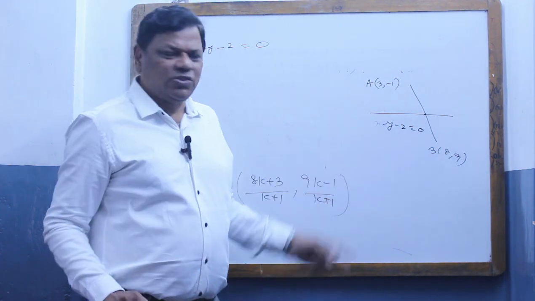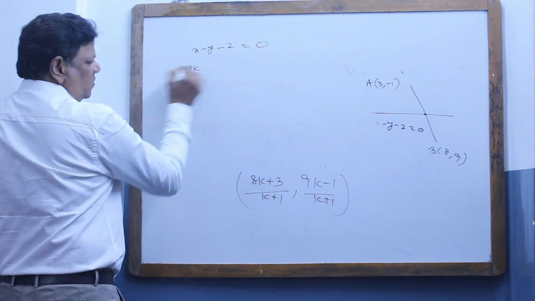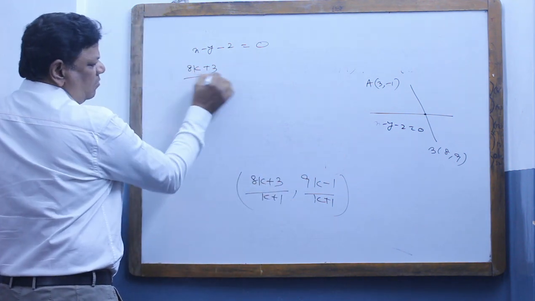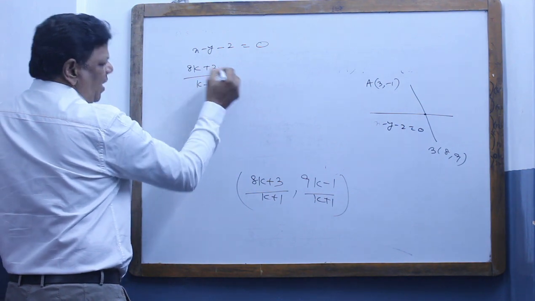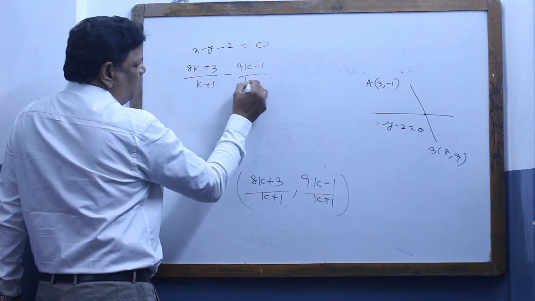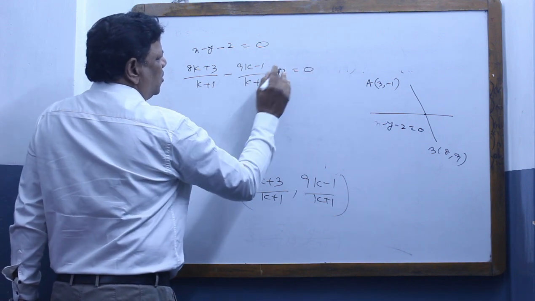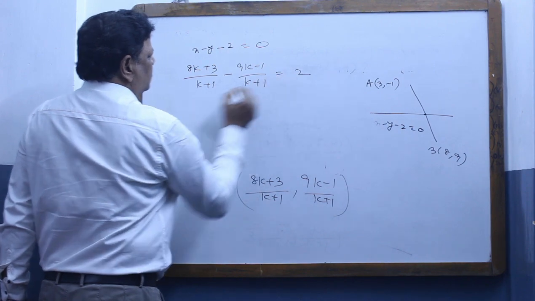This is a core concept. x minus y minus 2: x is 8k plus 3 by k plus 1, minus 9k minus 1 by k plus 1, and minus 2 equal to 0. Take it to that side, easy for you.